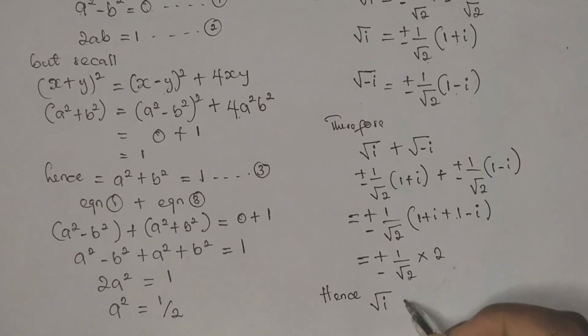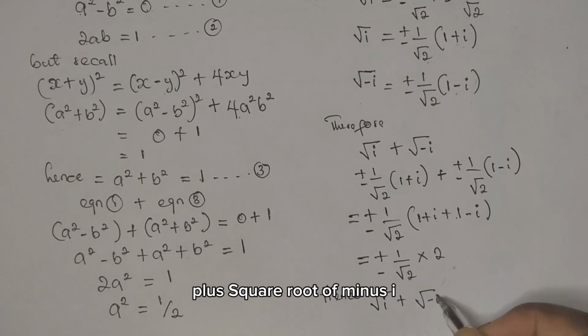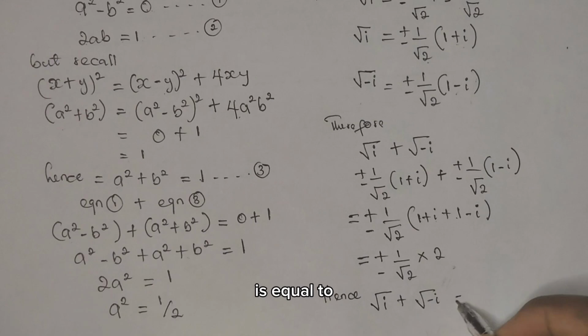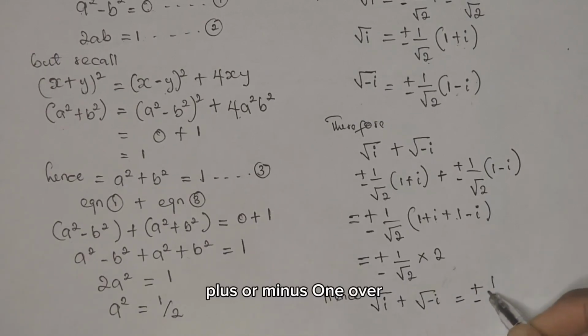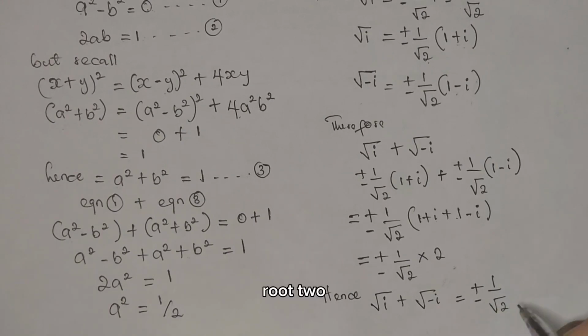Hence, square root of i plus square root of minus i is equal to plus or minus 1 over root 2 times 2.